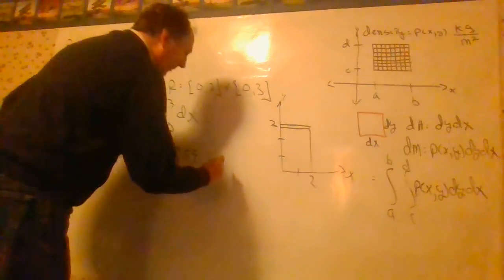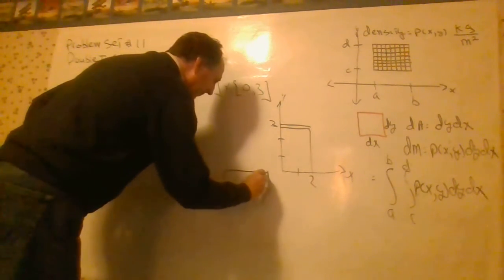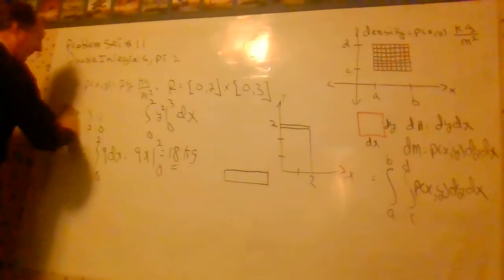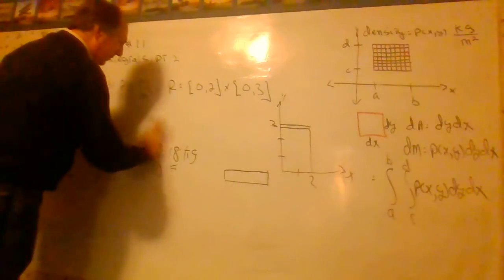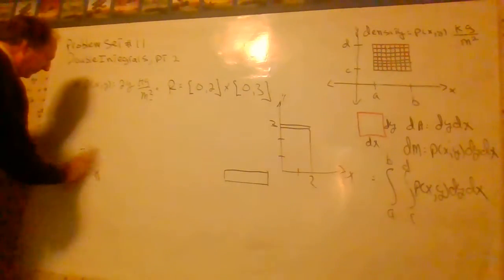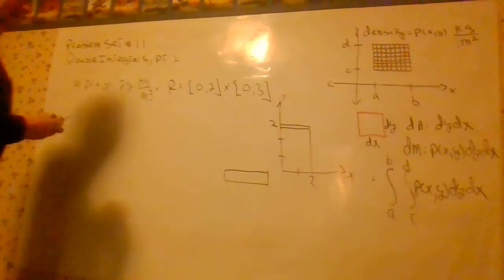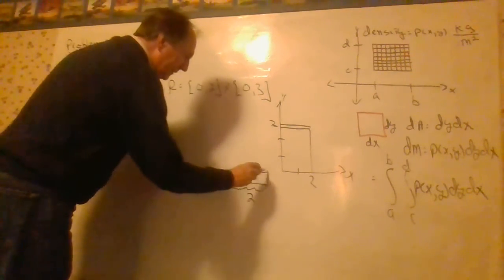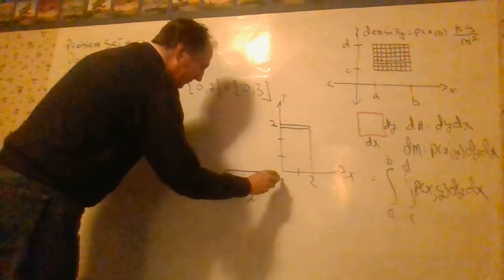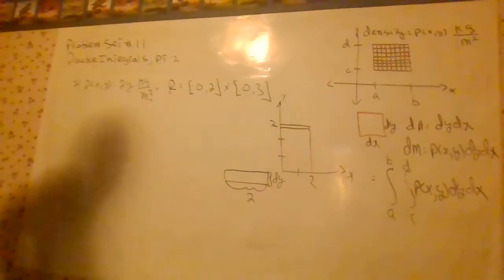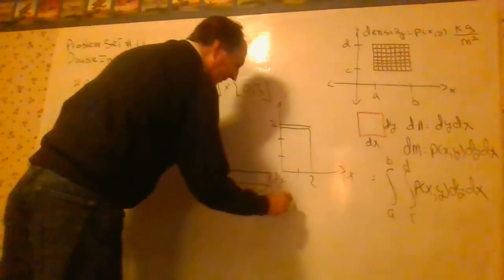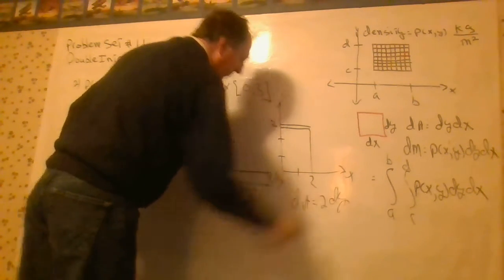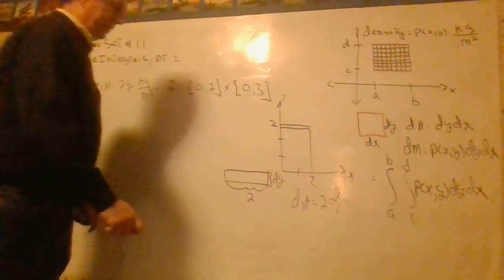Well, this rectangular element, you can draw off to the side here. And we'll clear some space here for our integration workspace. This dimension here is 2. This dimension here is dy. And so we can say dA is 2 dy, just length times width, simple as that.